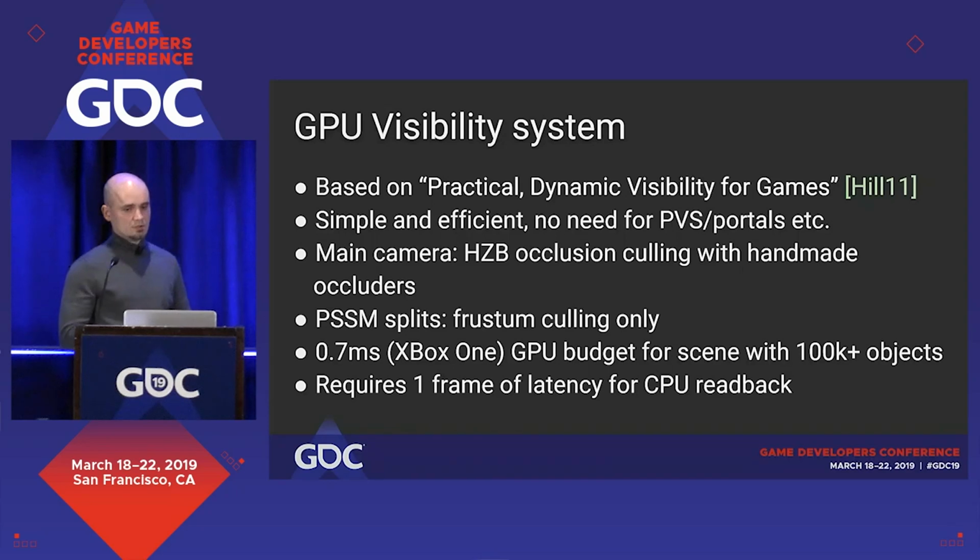They're just checking B-box versus frustum. It's a very simple system, runs pretty fast, just under 0.7 milliseconds on Xbox One GPU for our pretty big scene with more than 100,000 objects. But that system requires, as I said, one extra frame of latency for CPU readback.